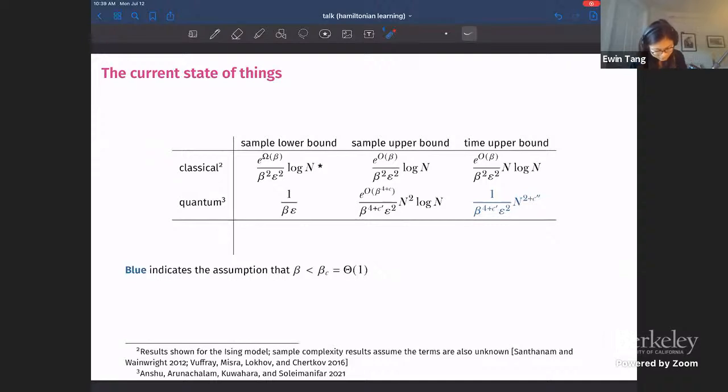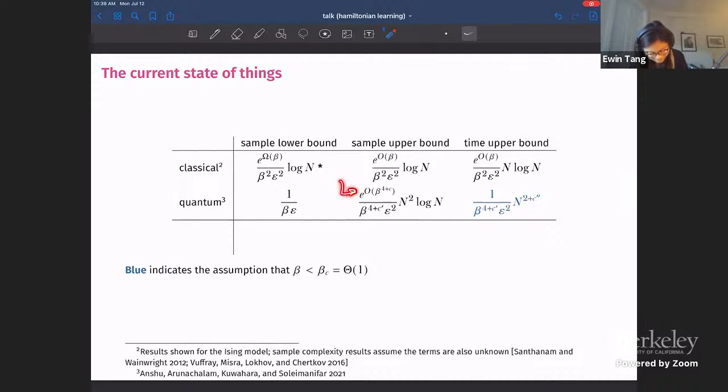And so here we assume that beta is bounded by some critical temperature beta C, and they don't give an explicit runtime, but naively, how I got this was just by taking the sample complexity and assuming that the time complexity must be larger than the sample complexity of their algorithm.